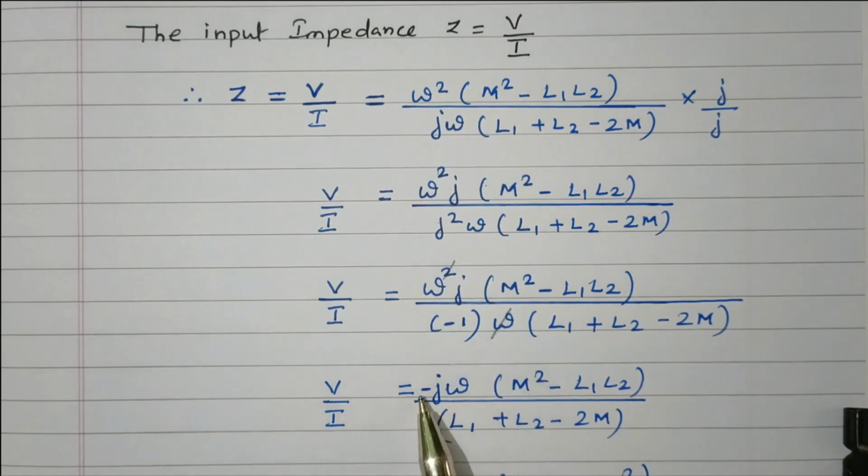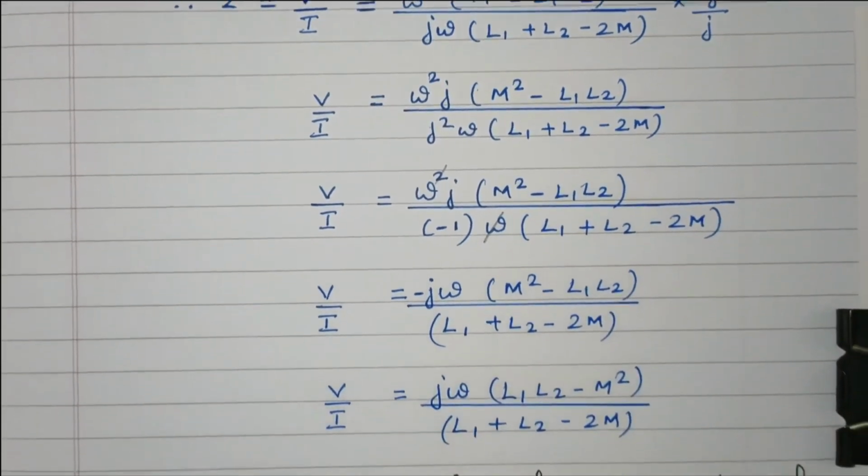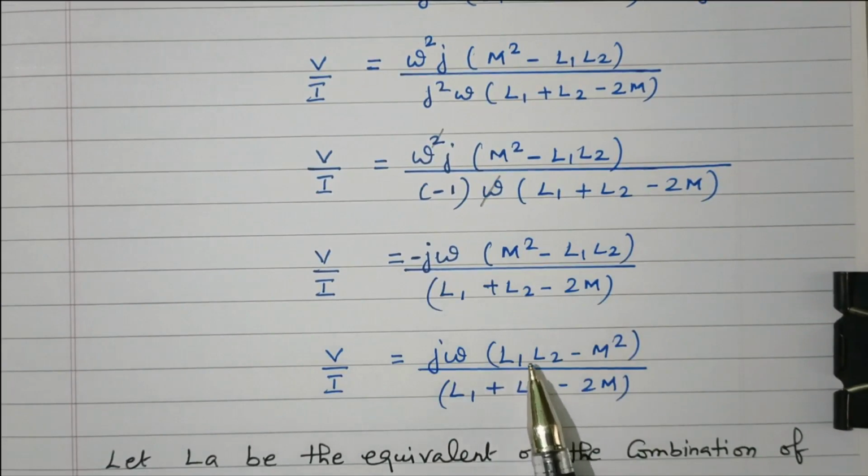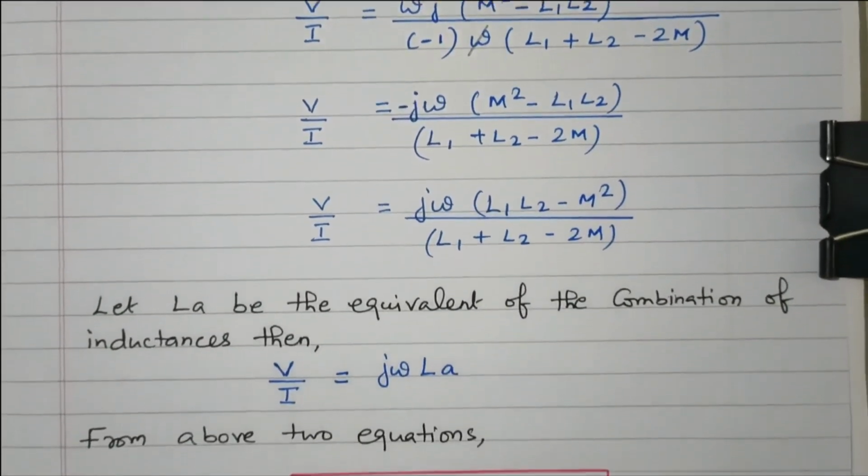So what we have is minus j omega m square minus L1 L2 divided by L1 plus L2 minus 2m. Again we multiply this negative inside, so that it becomes L1 L2 minus m square divided by L1 plus L2 minus 2m, right? Now we got the expression for V divided by I.